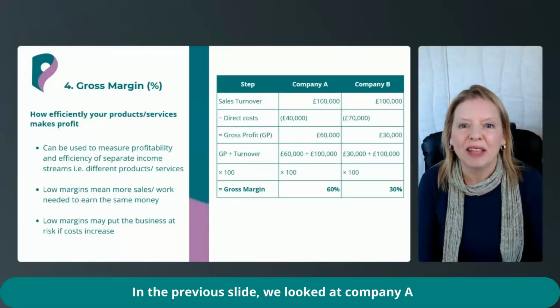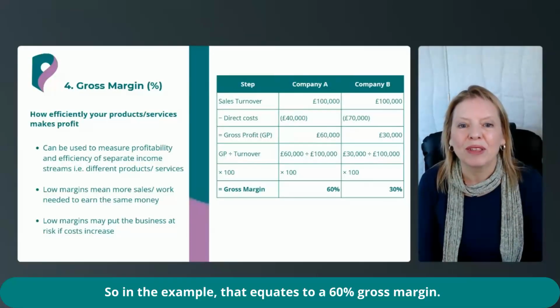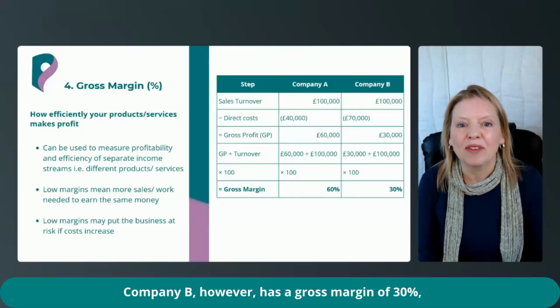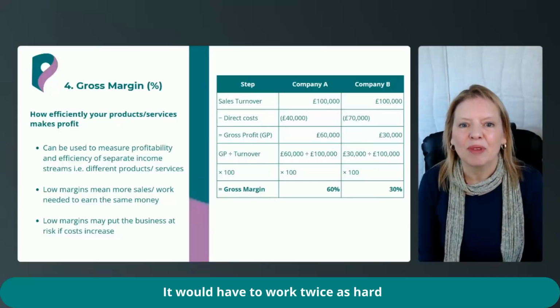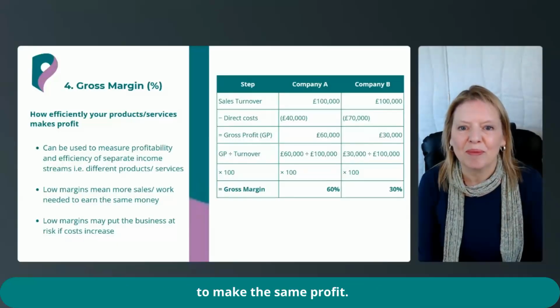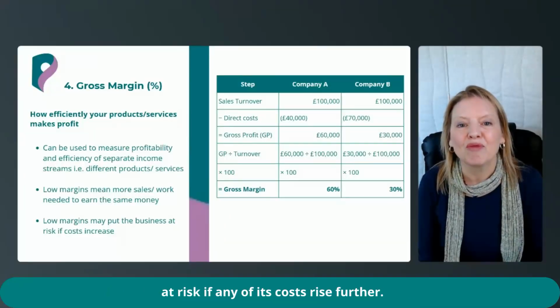In the previous slide, we looked at company A with its gross profit of £60,000. So in the example, that equates to a 60% gross margin. Company B, however, has a gross margin of 30%, which means it's less efficient. It would have to work twice as hard to make the same profit. Its low margins are probably also putting the business at risk if any of its costs rise further.